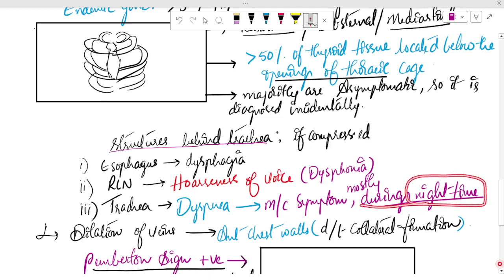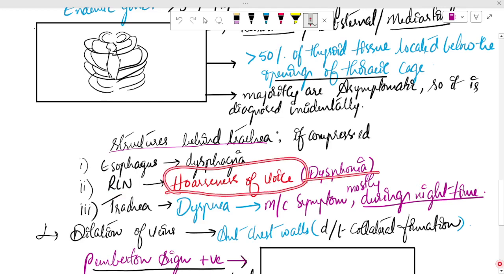The patient complains, I have difficulty in breathing during the night time, I don't know why. That is the most common symptom which points to goiter, and which type of goiter? Retrosternal goiter, mostly.